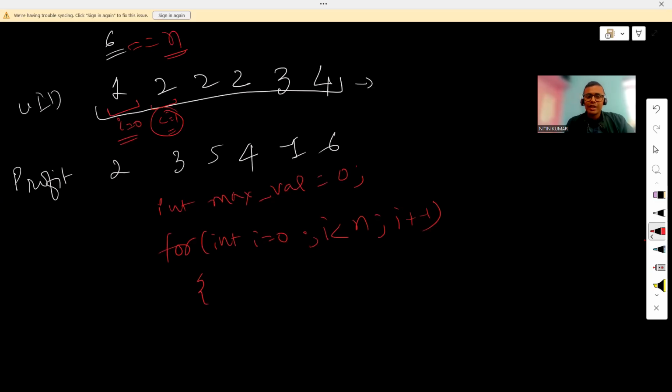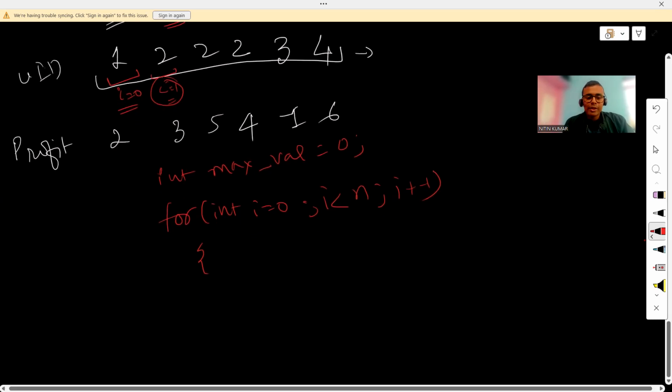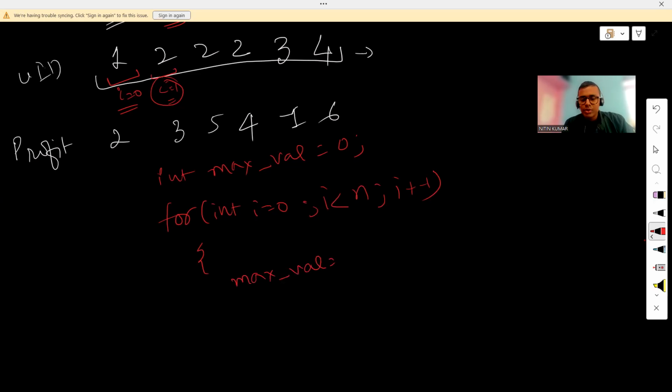The catch is why we are initializing this value to 0, and you can understand that here. So max value will be initialized to the maximum of the profit of I and max value.